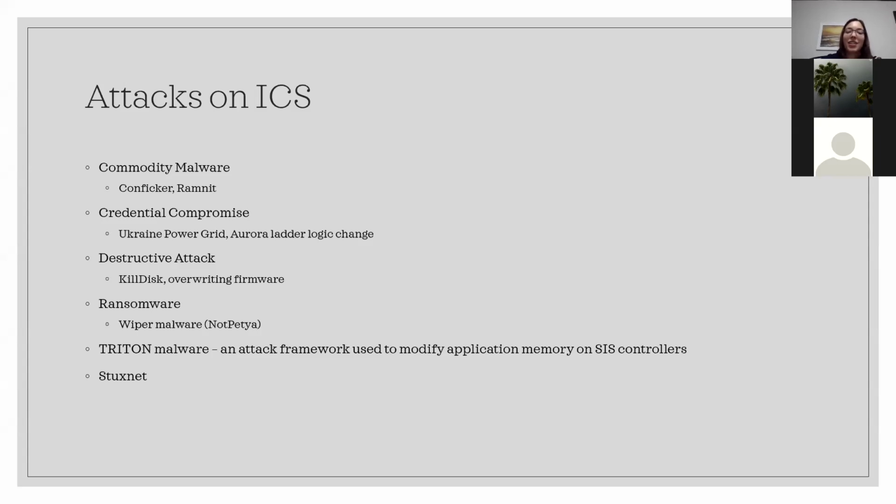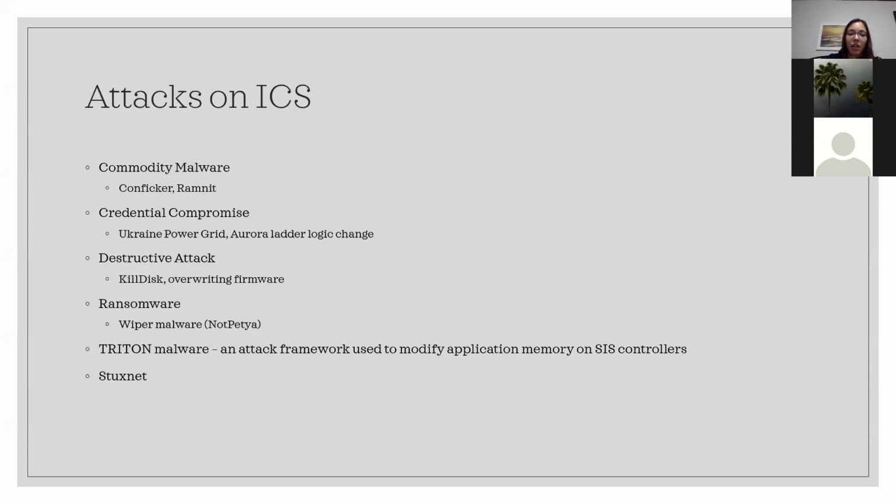So I wanted to list some previous attacks on ICS. It can be an inspiration in your pen testing journey. I'm sure most of you guys have heard about Stuxnet and may know something about it, so I'm not going to really go into much detail.